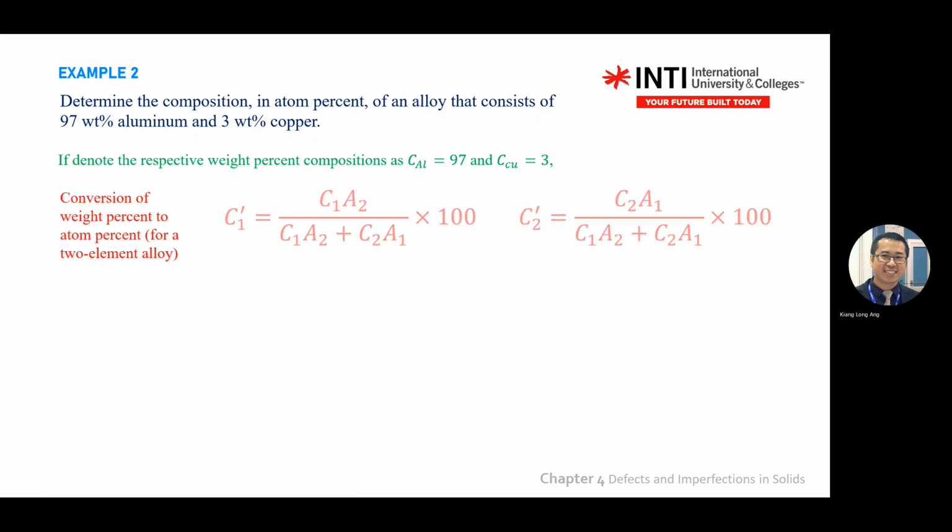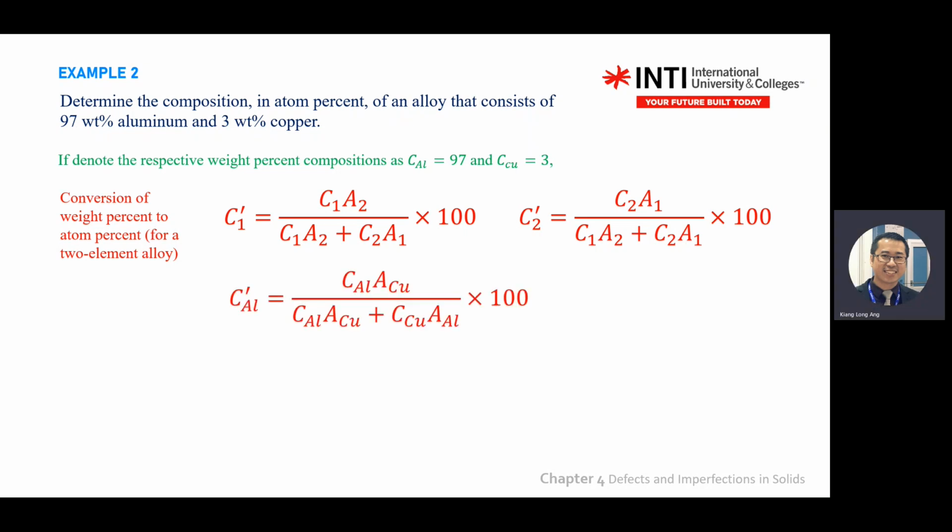You are given weight percentage, you're asked to calculate atom percentage, so you choose the conversion equation. You only need to find one of them, and the other one is 100 minus the first one. You can choose which is the first and which is the second. Here I choose aluminium as the first, so C1 represents aluminium and A2 is my copper.